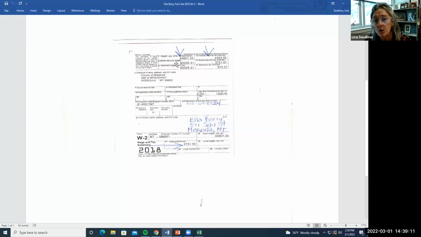Okay, box 3 and 5 is how much is taxable for Social Security and Medicare. And you can see that number is like $5,200 higher. And I can tell you the reason for that is, just really super quickly, the difference between these boxes is usually because somebody is putting money away into a retirement plan and you don't have to pay federal income tax on that.